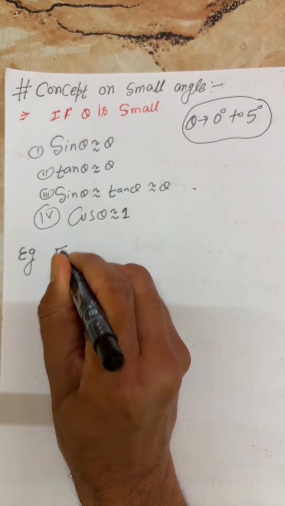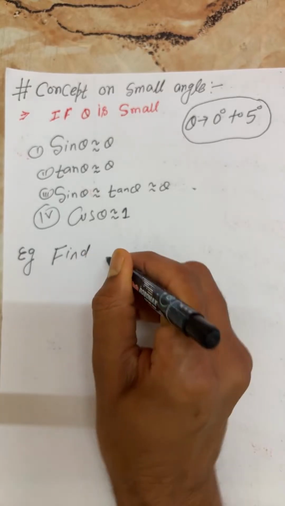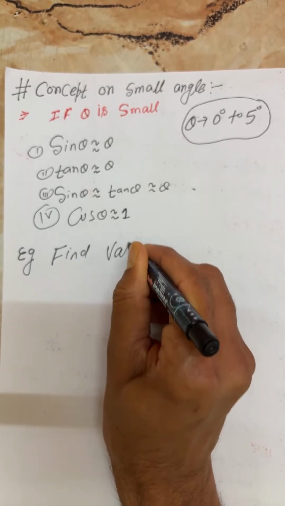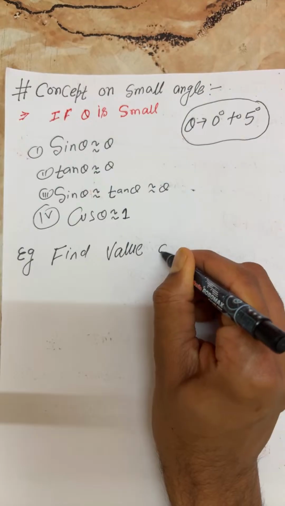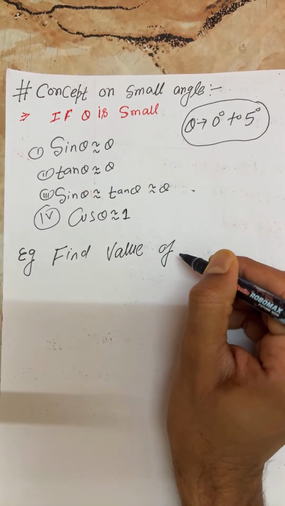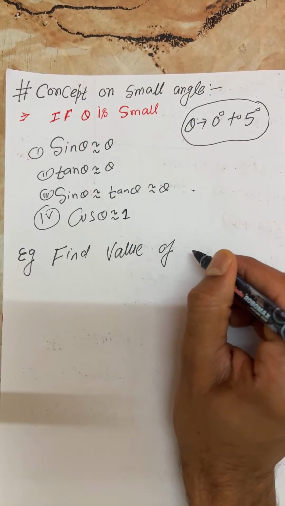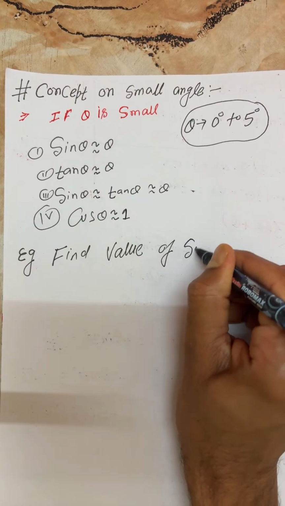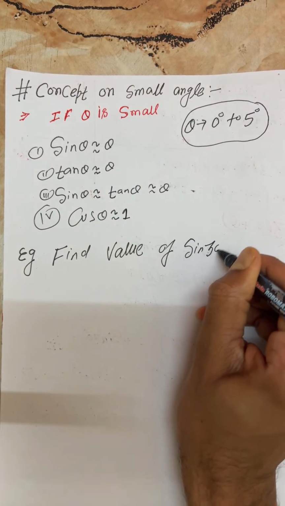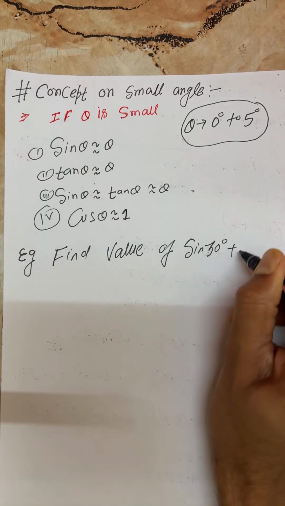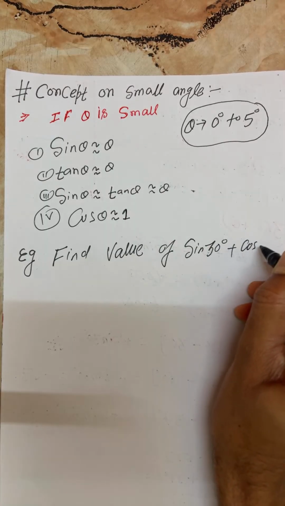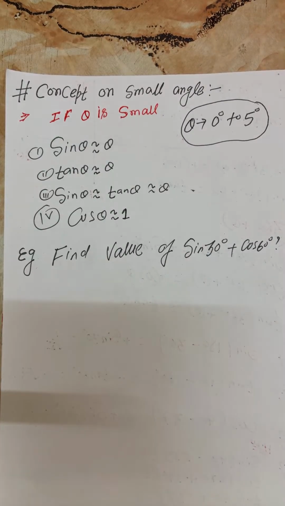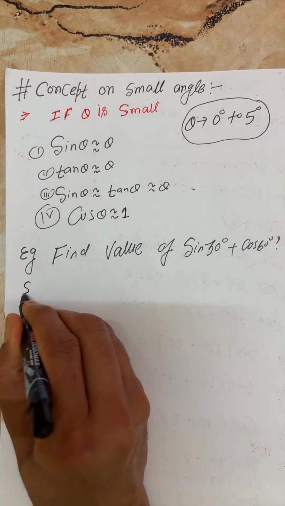Find the value of sine 30 degree plus cos 60 degree. Simple, beta. This is the question, you have to do it. Very easy, beta. You can do it, my dear.